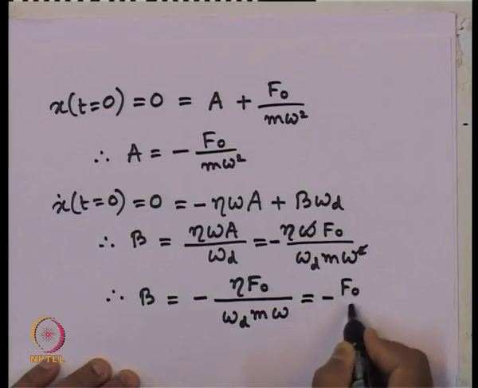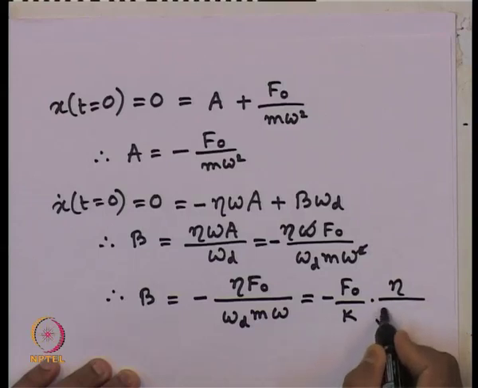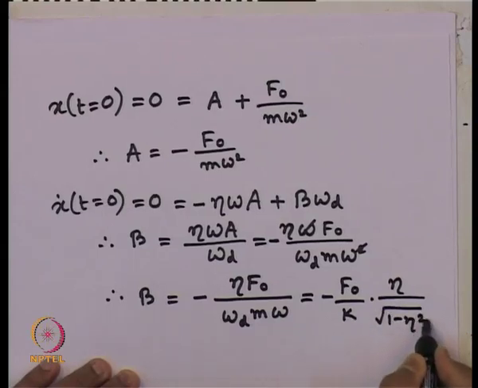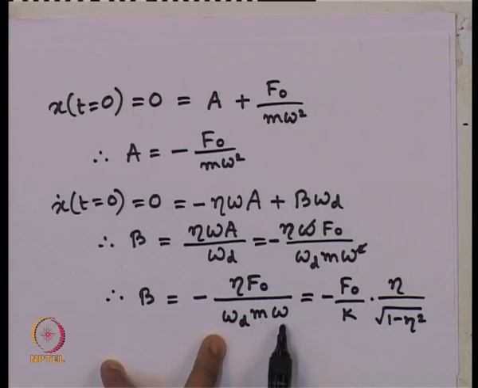Minus f naught by k, eta by root over 1 minus eta square, because omega d is nothing but omega times root over 1 minus eta square. So, it becomes m omega square. M omega square is nothing but k. Okay.